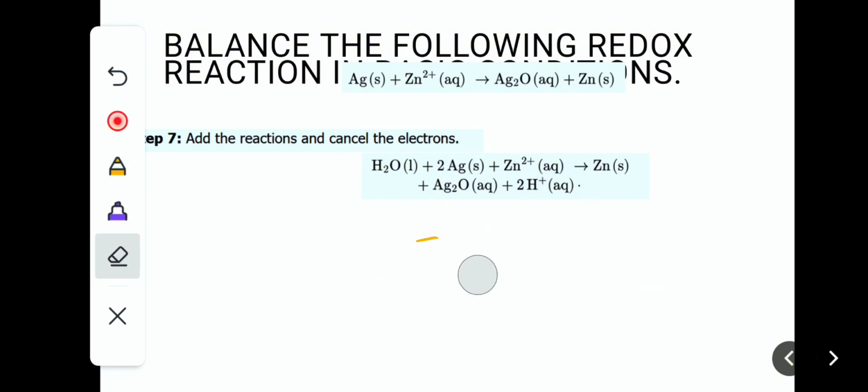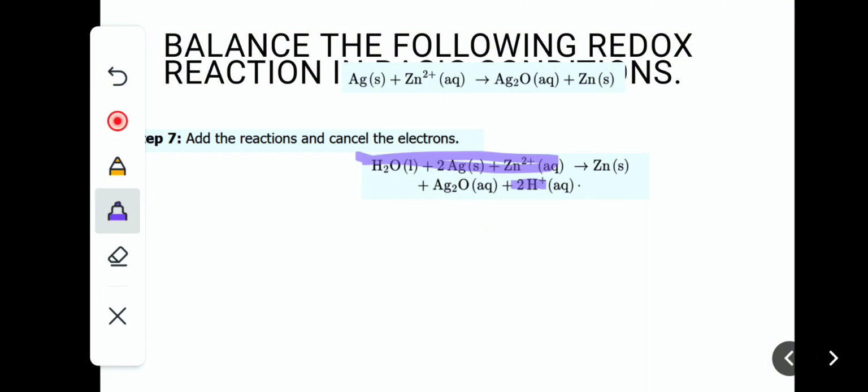When you look at these, the reactants and the products together with this one here, you assess which side of the equation has a high number of hydrogen protons. On the reactant side, there are no hydrogen protons. But on the product side, we have 2 hydrogen protons there.